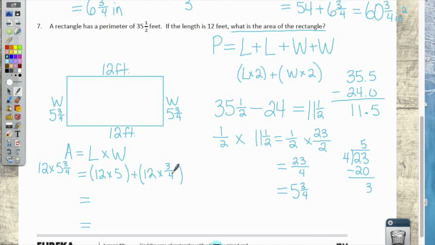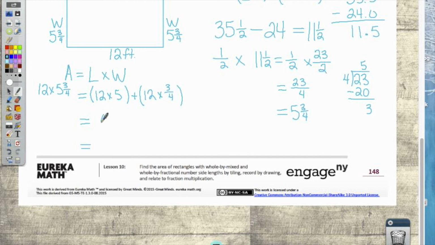Now I know 12 times 5 is 60. I think I'm going to start putting my labels on there. Okay. And 12 times 3/4. Let me pull a stick here. George B., remember how to do that? 12 times 3/4. So I'm going to do 12 times 3. What's that?